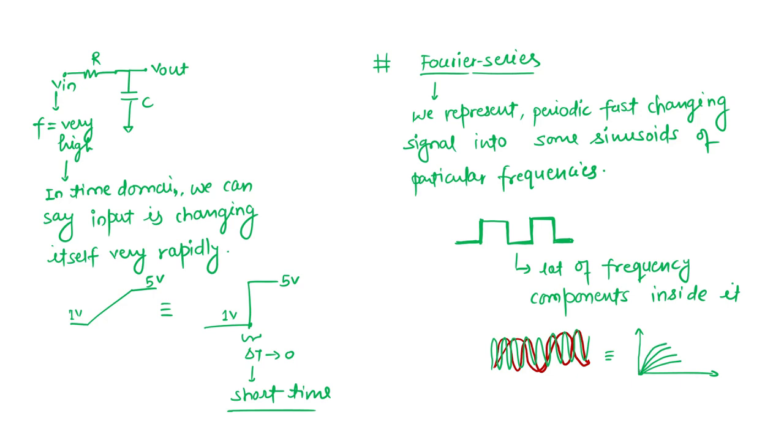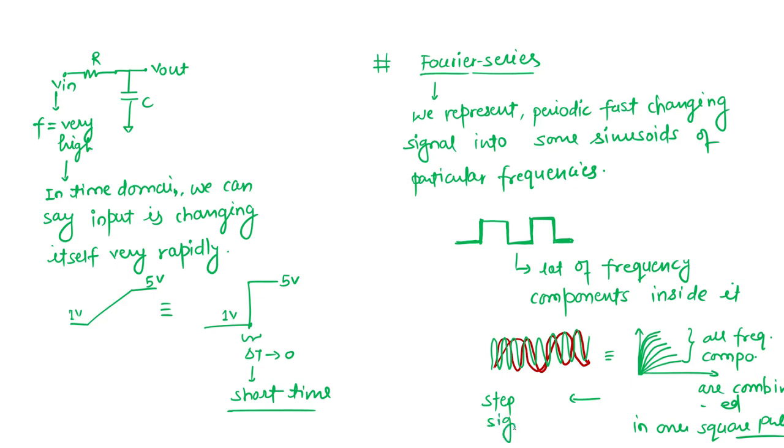So as I am increasing the frequency, it nearly approaches the x-axis. What I mean to say is, the higher frequency components make it more like a step change. When all the frequency components are combined in one square pulse or any step signal, a sudden change of the input from one state to another has infinite frequency components.